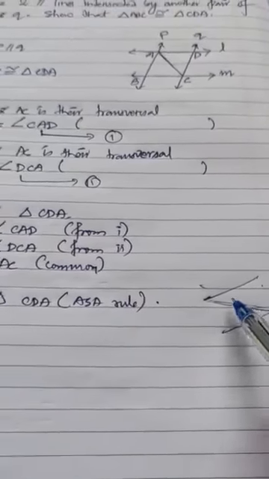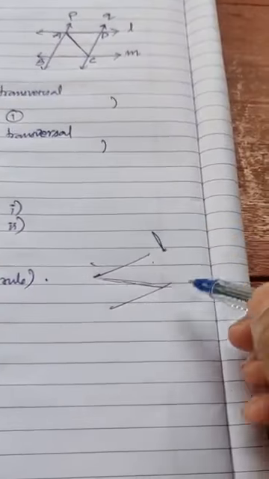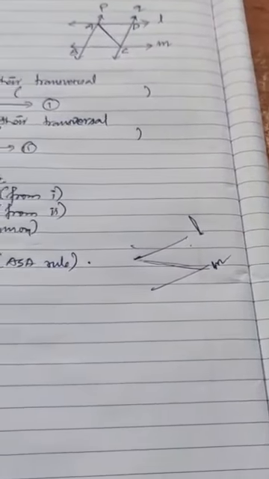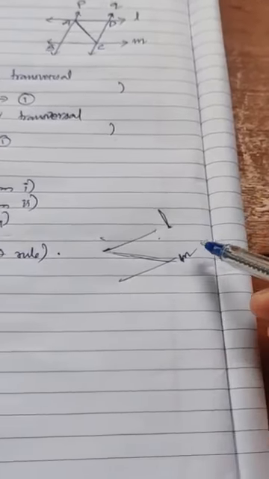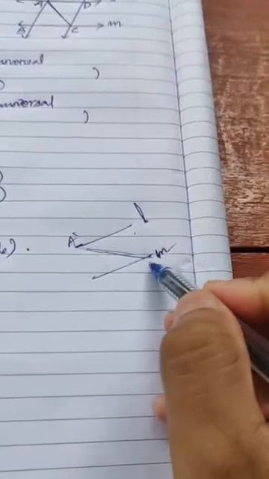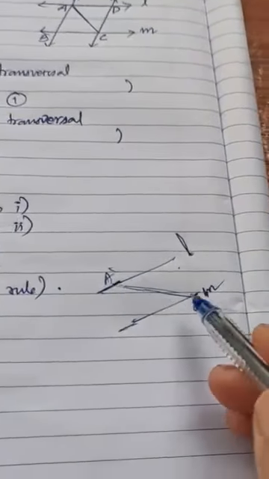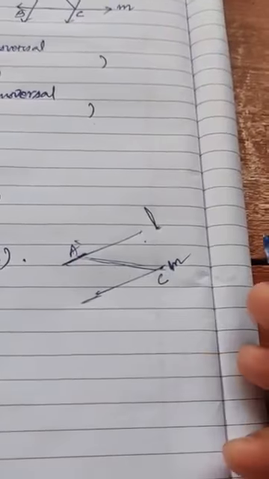So, as you can see in the diagram, in our question we have L here, M here. So L is parallel to M, and this is A, this is C. So this AC is not our diagonal here, this is our transversal.